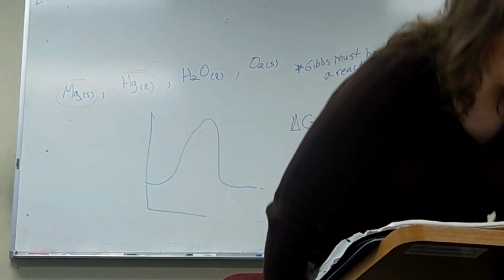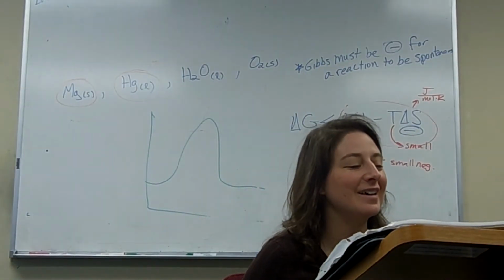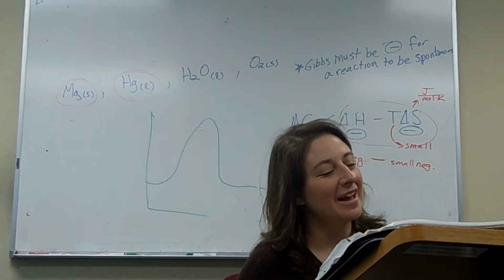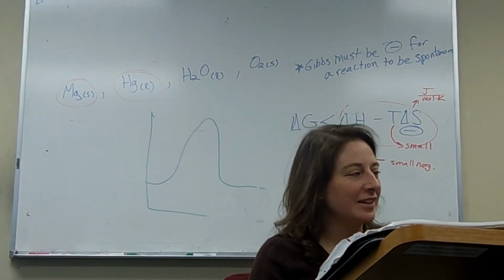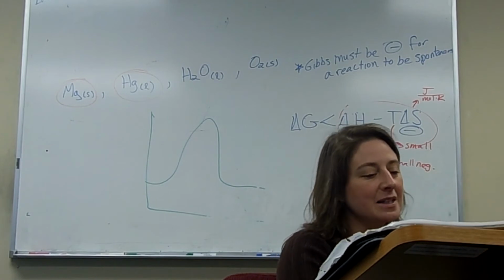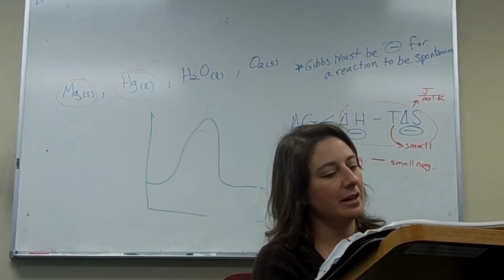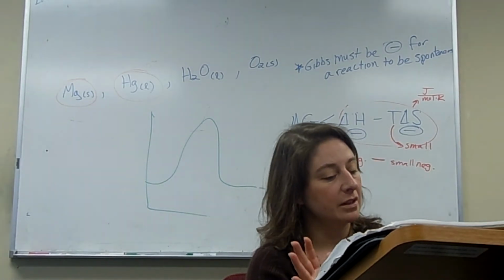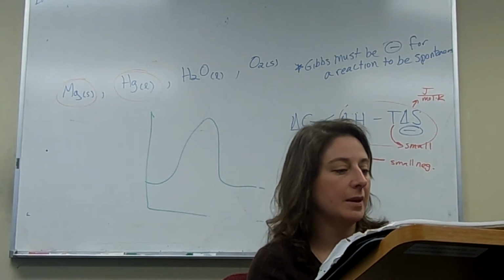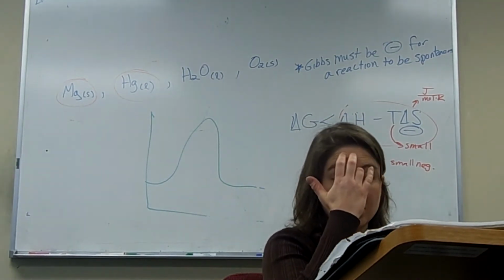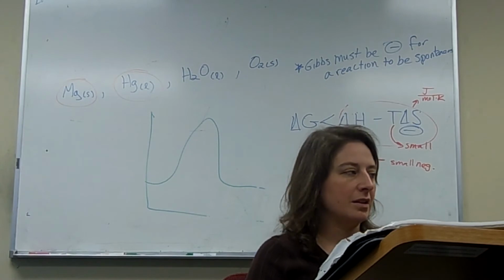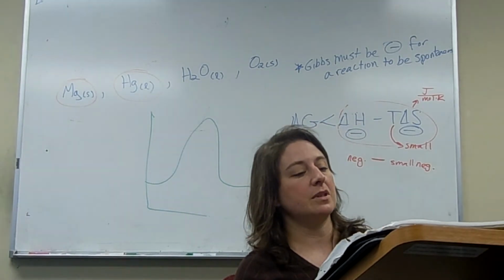There's another problem that we'll look at for this. I know that's tricky, but you really need to think through each definition. Gibbs has to be negative. Enthalpy has to be negative. Disorder is decreasing, so entropy is negative. What can I do to temperature to give me the best chance of getting a negative Gibbs?